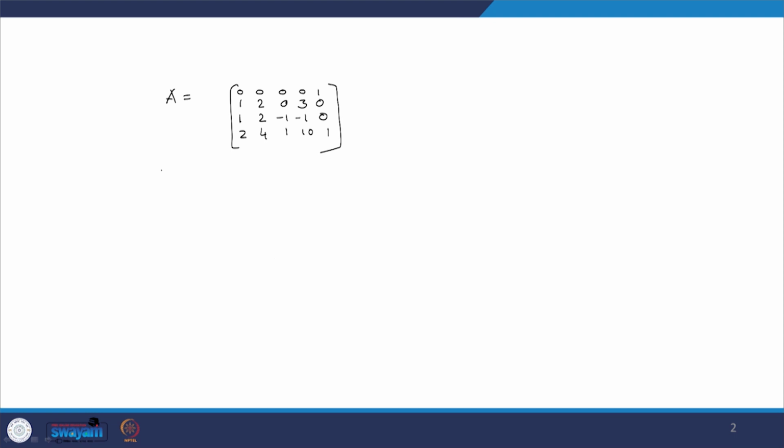So, first let me find the corresponding row-reduced matrix. To do this, I have to do elementary row operations. The first row is a non-zero row and the non-zero entry is 1, so I do not have to do anything for the first row.